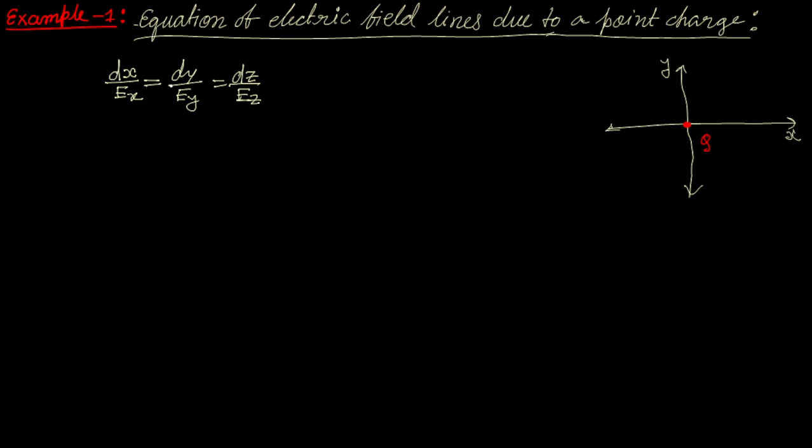If we want to write the electric field line equation, then we have to integrate this equation. But before integration, we have to put in the value of the x component and the y component of the electric field. For that, let me consider an arbitrary point, let's say P, with coordinates x and y.